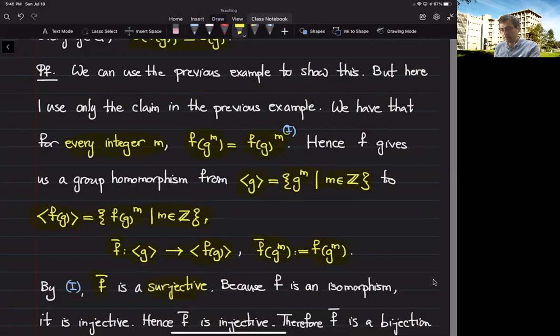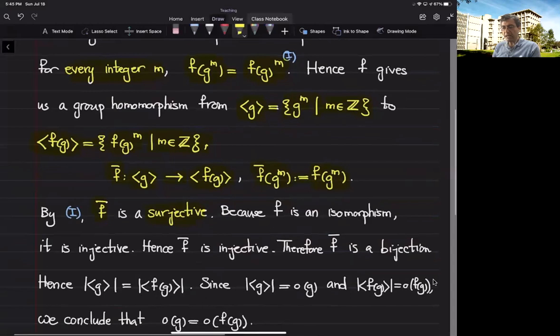Now, because f itself is an isomorphism, in particular it is an injective map. Knowing that f is injective, because f bar uses the same rule as f, f bar is also injective. It cannot send two different elements to the same thing, because f cannot do so.